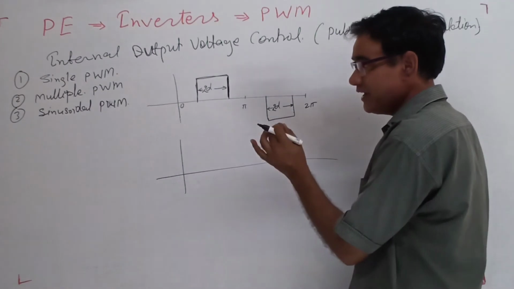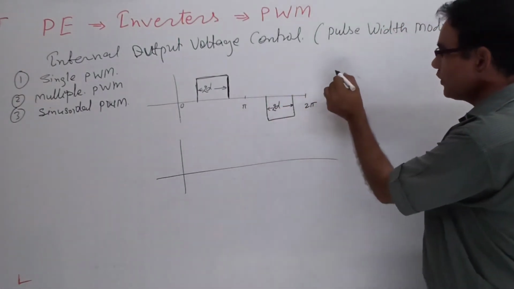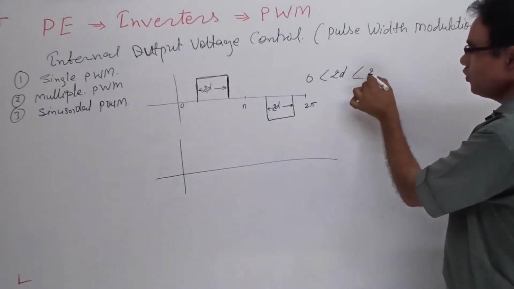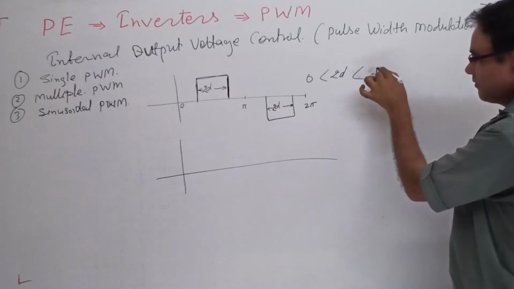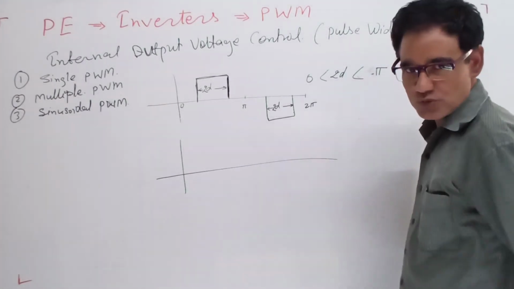The width can be 0 to pi also. That width 2d will vary from 0 to 2 pi. Maximum possible width is pi and minimum will be 0.